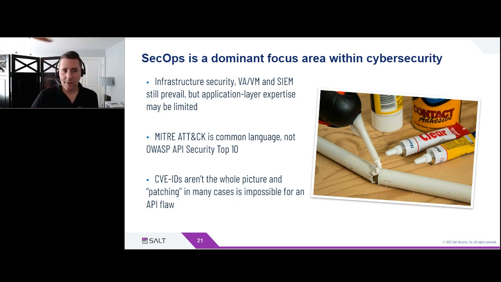For SecOps practitioners, the MITRE ATT&CK framework is typically the common language, not something like the OWASP API Security Top 10. So now we have kind of this language barrier in a sense. And CVE IDs, I mentioned these briefly when we were talking about SBOMs, but that's not the complete picture, right? That might help you if it's a vulnerable piece of infrastructure, or maybe Log4j, for instance.